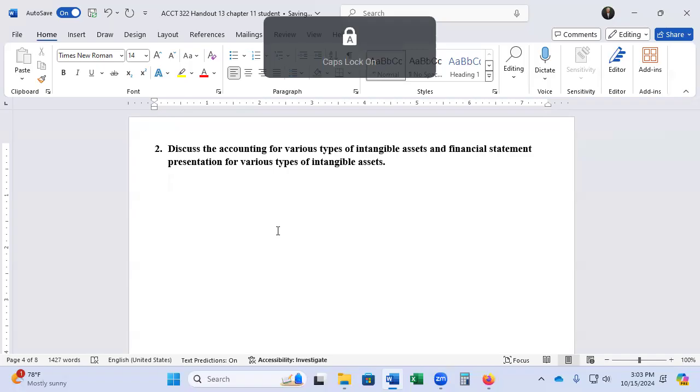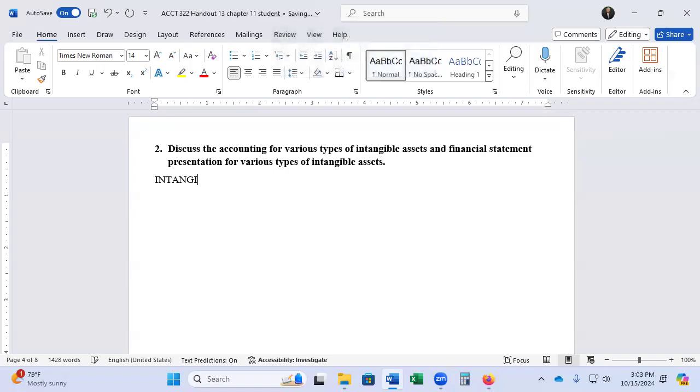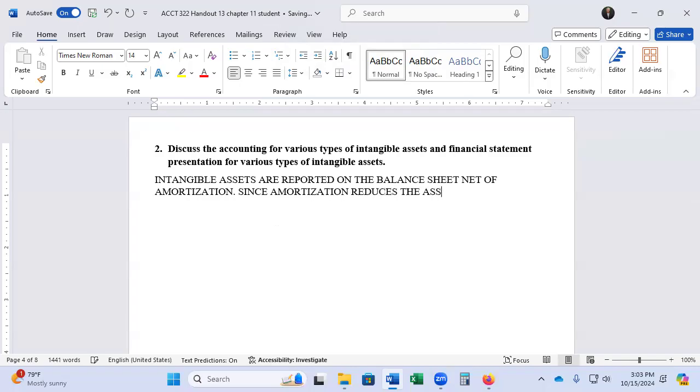Intangible assets are reported on the balance sheet net of amortization. Since amortization reduces the asset, there is no accumulated amortization.